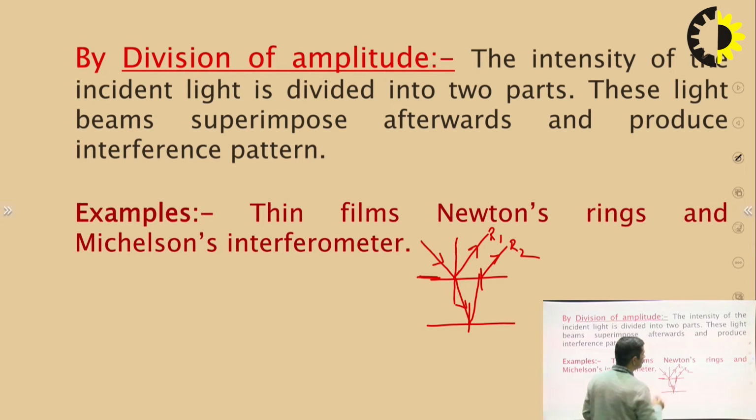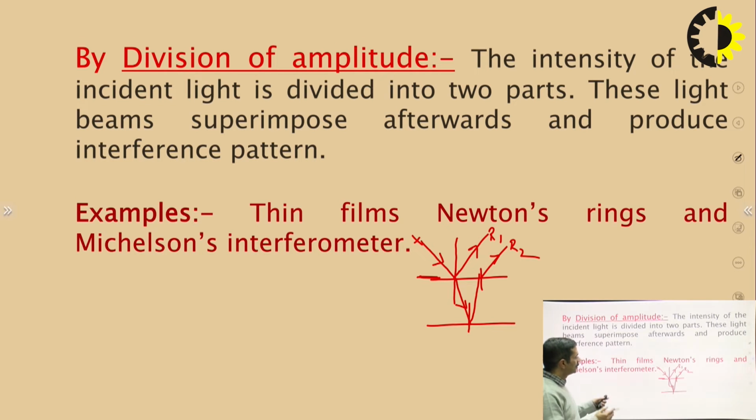These reflected lights R1 and R2 are basically part of this incident light source. So here the amplitude of the incident light is divided through the change of medium, through the thin film basically. What the thin films are, we will discuss in further slides.